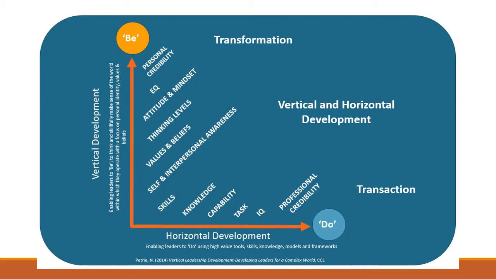This is what you call the vertical and horizontal development. In the vertical development, there is transformation. In horizontal development, there is transaction. First, let's discuss the horizontal development of a leader.